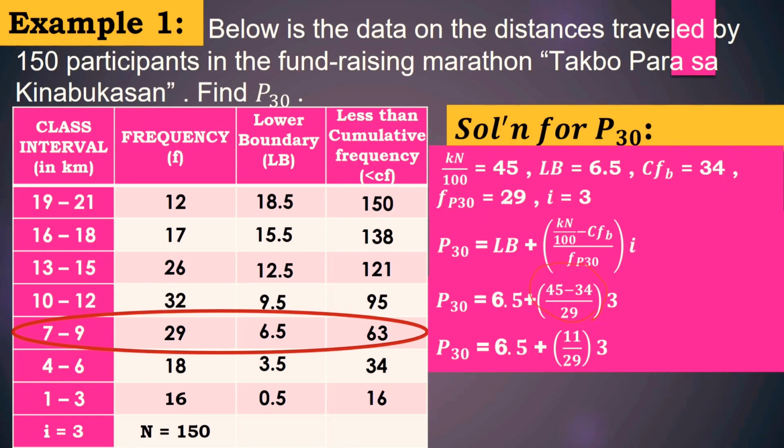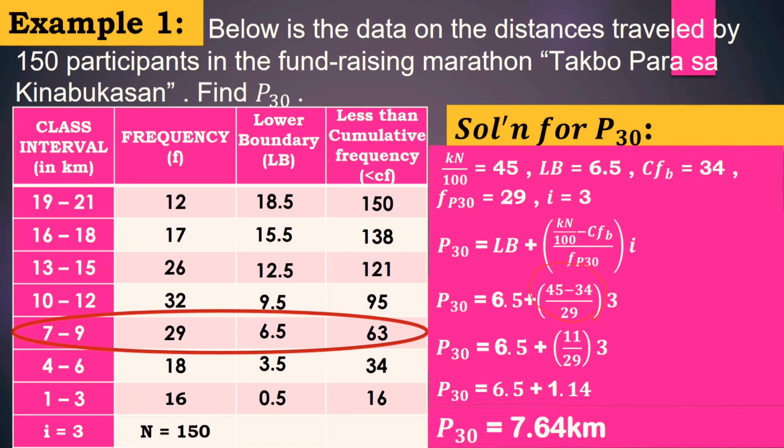45 minus 34 is 11. 11 divided by 29 times 3 is 1.14. 6.5 plus 1.14 is 7.64. Since the class interval is in kilometer, the unit is km.